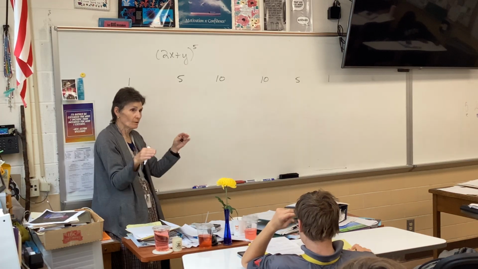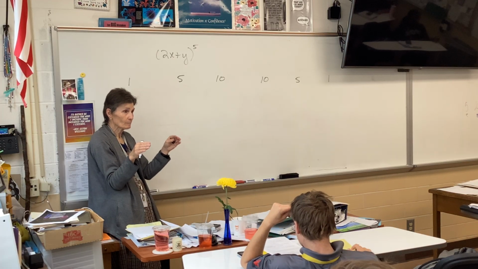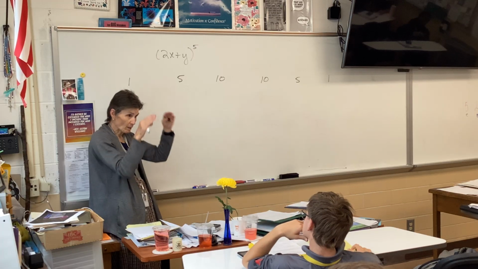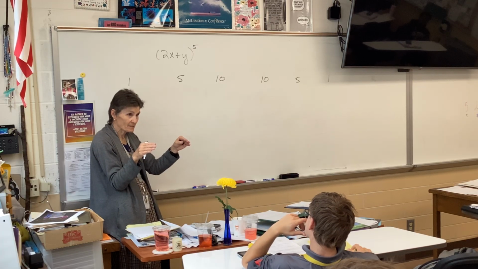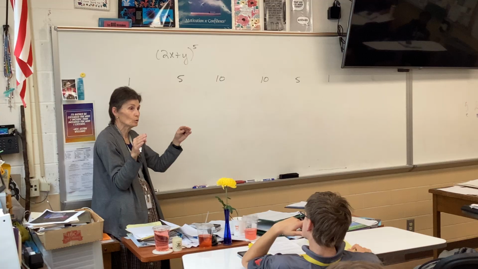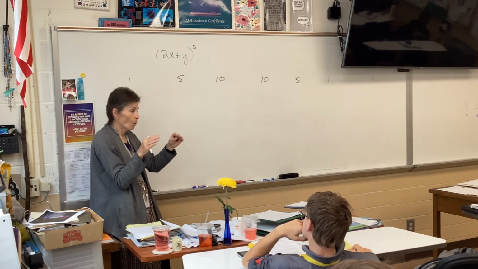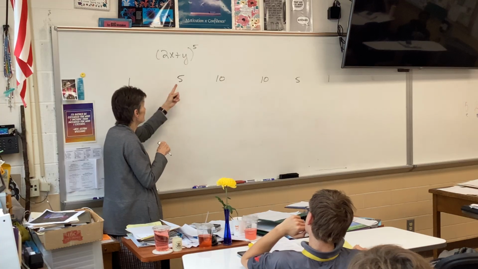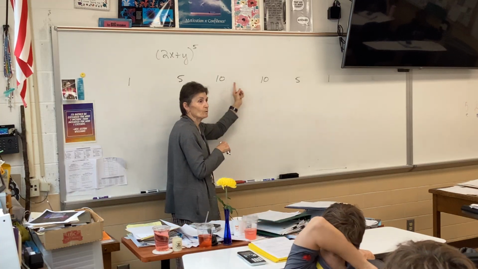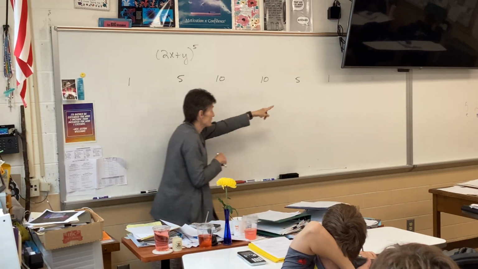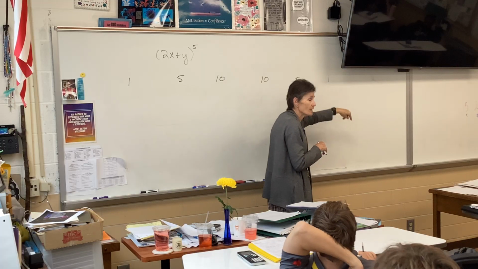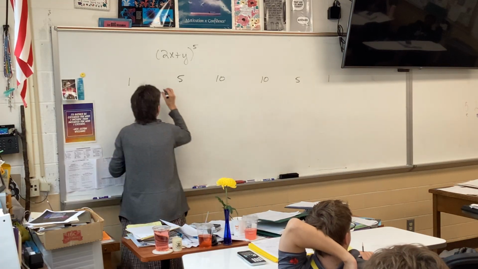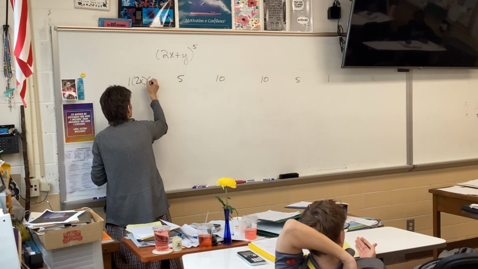So you either build the triangle out, remember how to build it out, and if you don't, ask a friend, Google it, whatever. Or you do 5C5, 5C4, 5C3, and so on. This is 5C0. Next to each of these is going to go the 2x and the 1.